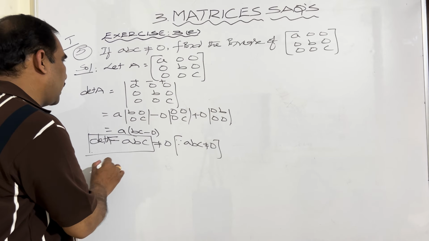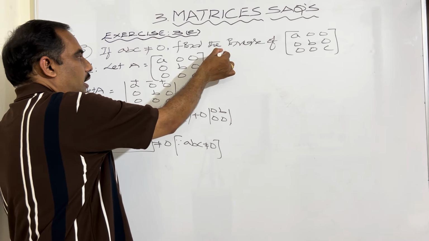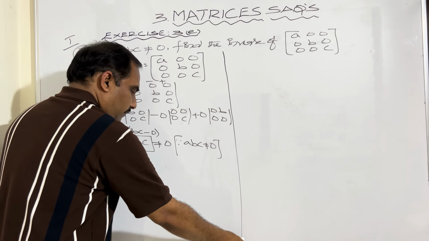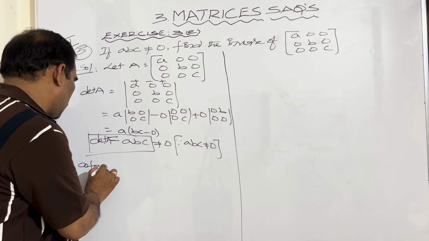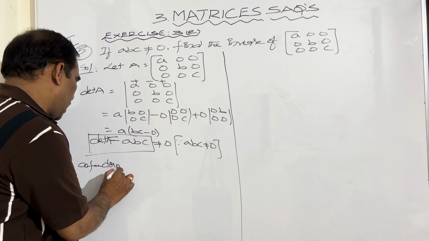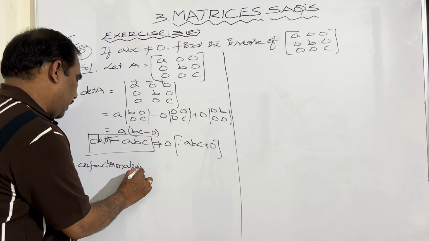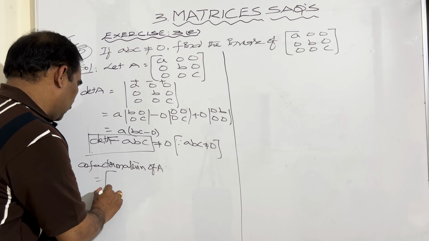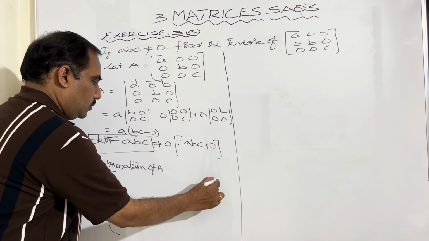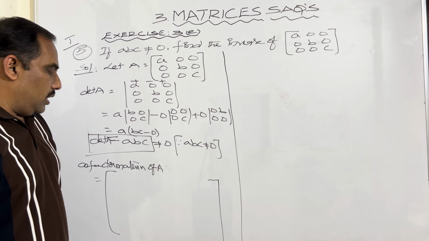Now how to find the cofactor matrix of A? We have to find the cofactors of all the elements.